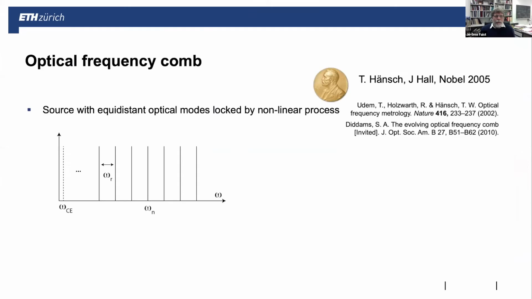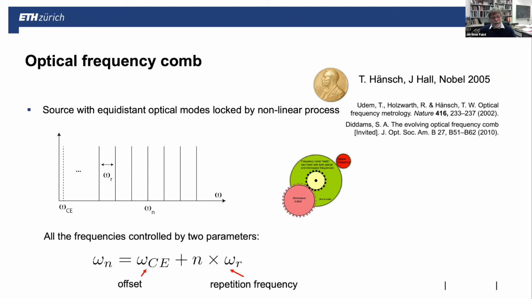So, of course, the first thing is, what is this optical frequency comb? Well, just think of it at this point as an optical source that generates equidistant optical modes, and those modes are locked by a nonlinear process. And the beauty of such a source is that it allows you to write this formula where you can basically write the frequency of any one of these lines as a function of just an integer, which is this n here, and a repetition frequency, which will then lie in the microwave.